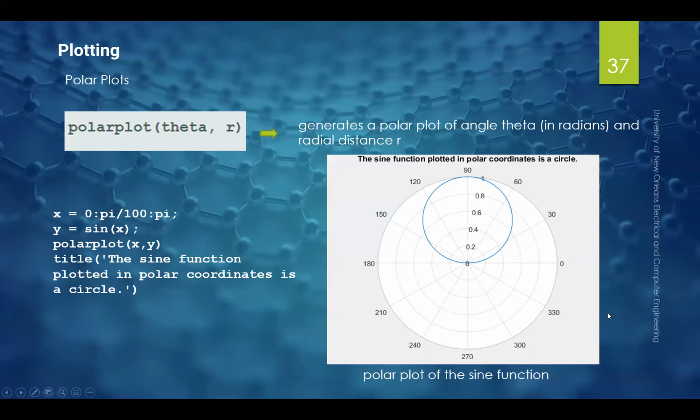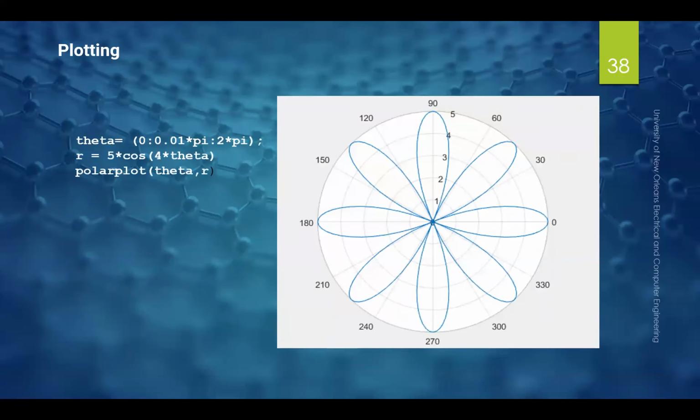Again, this could be useful when you're trying to visualize complex numbers. Another example, just to show you some of the things that you can do. In this case, I've defined theta as going from 0 to pi in increments of 0.01 pi.